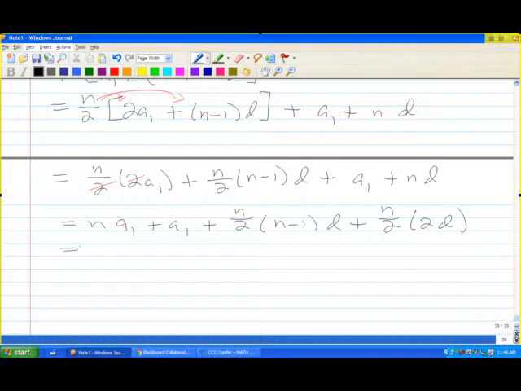So let me factor out first an n in this first term, and so that's n times, let's factor out an a1, and so that becomes n plus 1 a1. Let's factor out from this last n over 2 d. And so if I take out the n over 2 d, what remains of the first term is n minus 1. What remains of this last term is, well, 2.